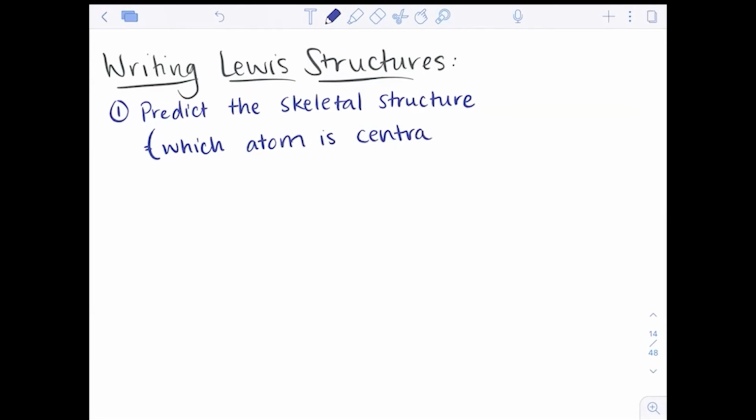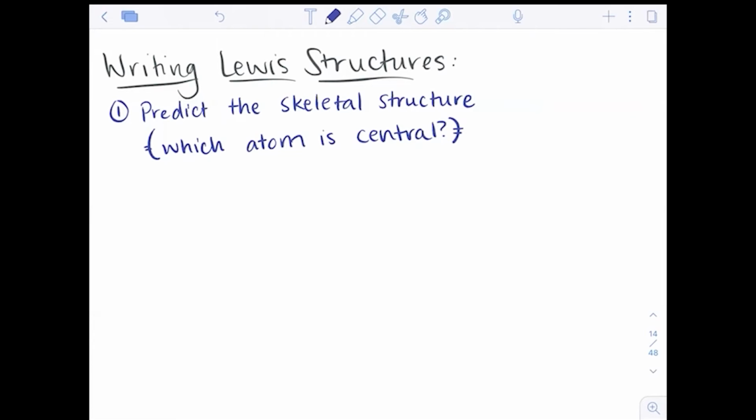To answer that question, what we want to be able to say is, who makes the most number of bonds? Now, we know from what we decided from Lewis dot structures of atoms that carbon makes more bonds than nitrogen. Nitrogen makes more bonds than oxygen. And then oxygen makes more bonds than fluorine.